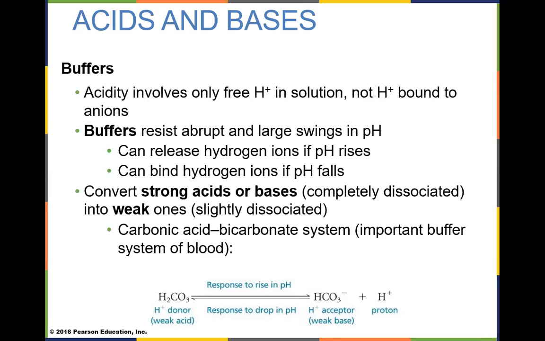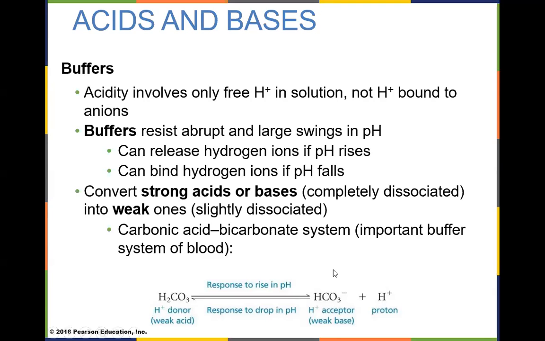And we will use sodium bicarbonate and carbonic acid to neutralize stronger acids, to neutralize them down to a weaker acid or a weak base. So that, you know, carbonic acid and bicarbonate, because we can deal with a weak acid or a weak base a whole lot better than we can deal with a very strong acid or a strong base.